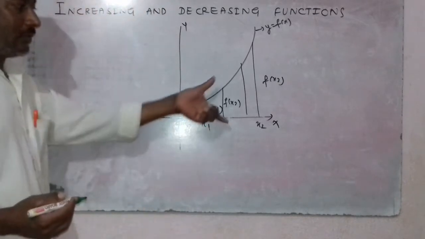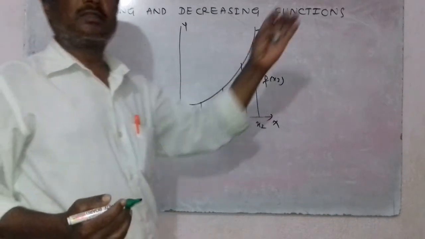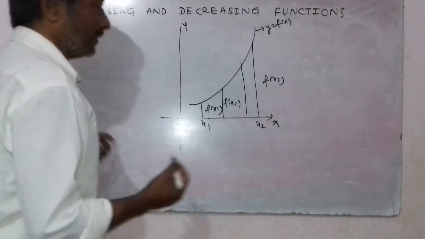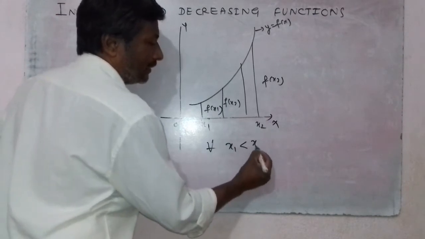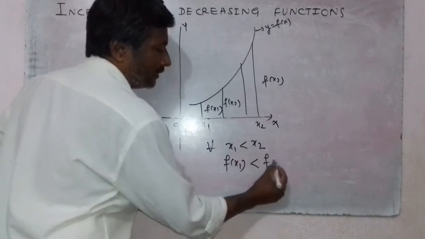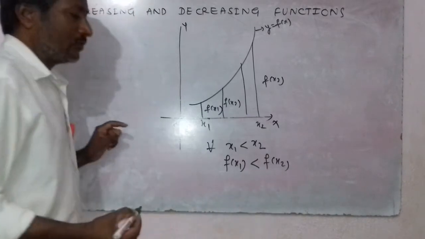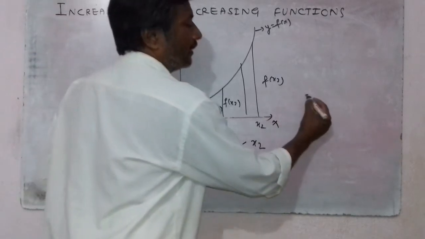Therefore, these functions are known as strictly increasing functions. For all x1 less than x2, f of x1 is less than f of x2.